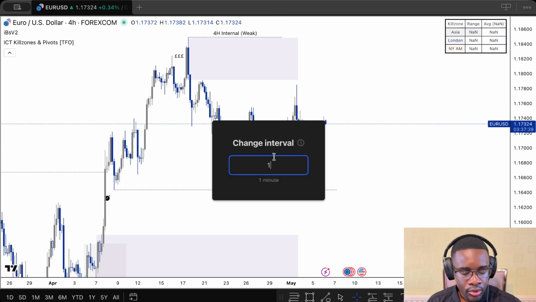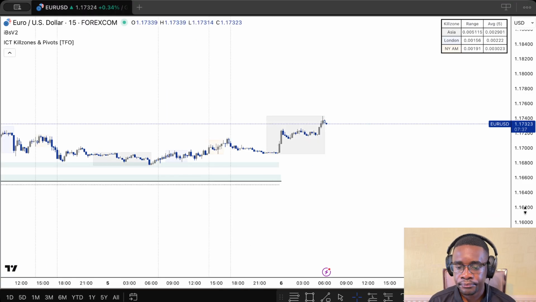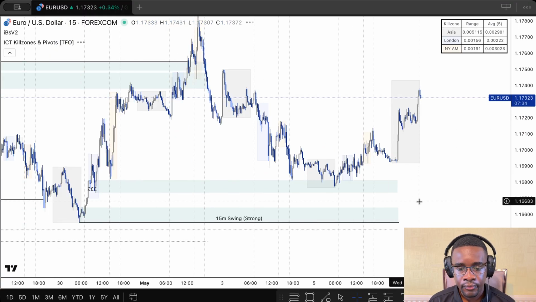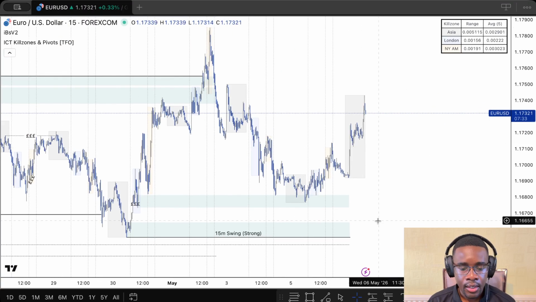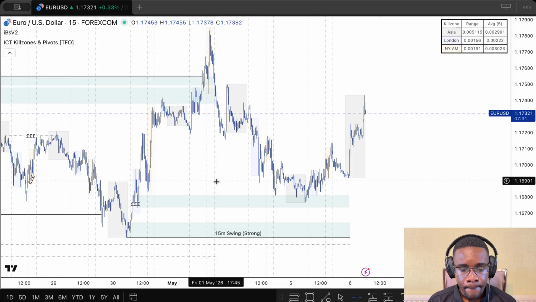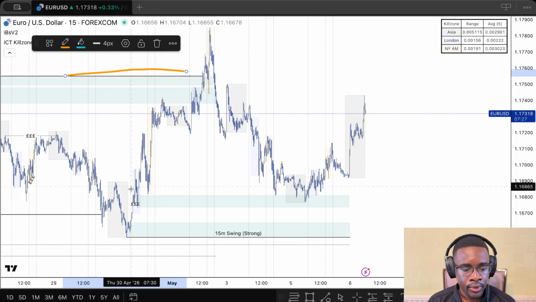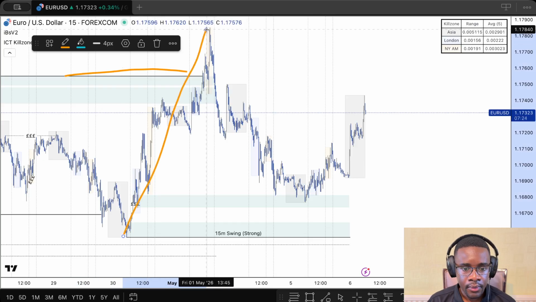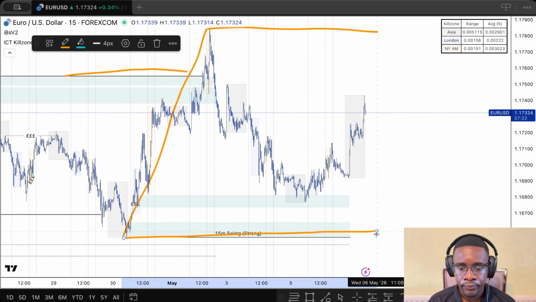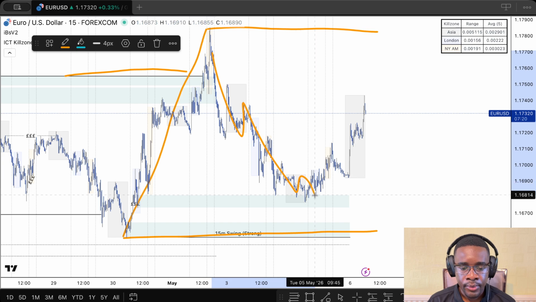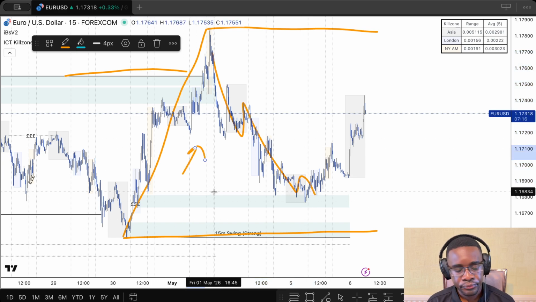structure. So looking at the 15-minute, this was our last swing break of structure, and this is our swing range, and then we've had this pullback. So that means direction is bullish.